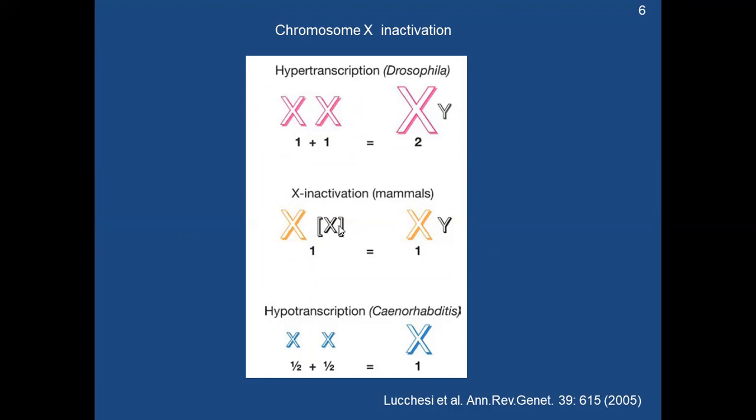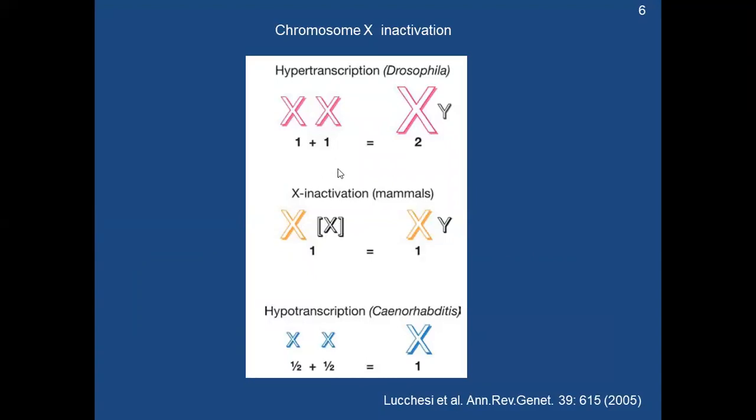So we are trying to compensate the transcript amounts coming from one chromosome in both genders, because otherwise, if we had allowed both X chromosomes to be active in the females, there are many genes here. Most of those genes would be transcribed at twice the rate at which they are transcribed in males, and apparently this is not what we want. So in mammals, one of the X chromosomes is epigenetically inactivated.